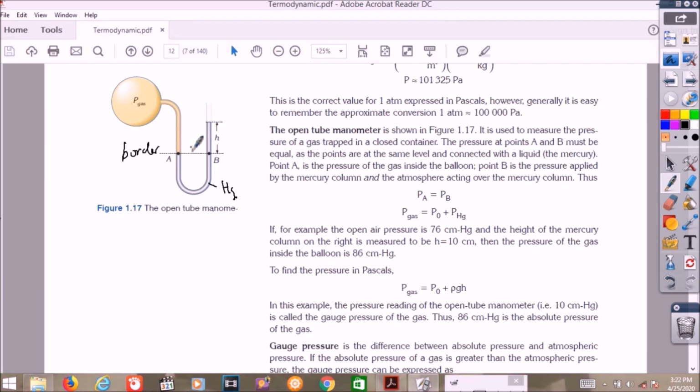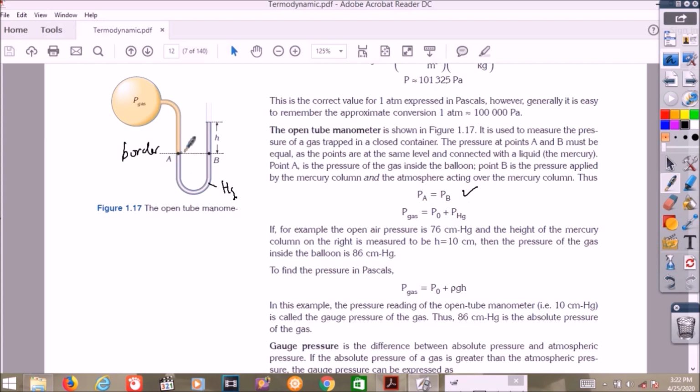How do we measure the pressure of the gas? Still the same, using the correlation between pressure and depth: at locations where the depth or level is the same, the pressure is the same. We put two points here, point A and point B. Point A is located at the border, and we use a dashed line to find point B, which is at the same level as point A. So at the same level, PA equals PB.